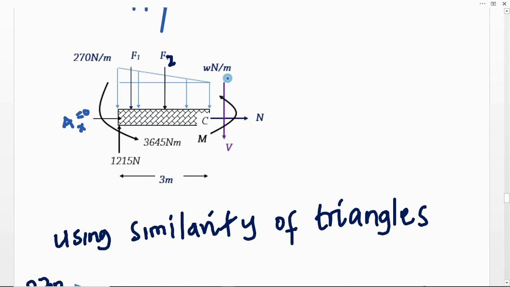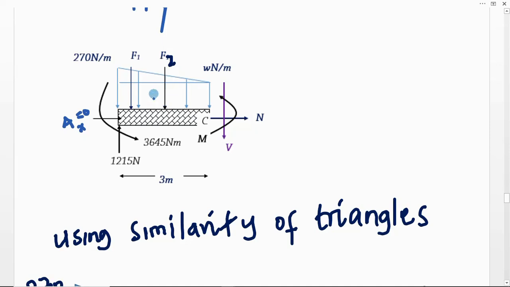Then if we create a section here or a cut, we will have the shear force V pointing vertically downwards. If it points vertically downwards, then the bending moment to counteract it will move in an anti-clockwise direction. Then we have the normal force N coming out of this section, and having had AX equal to 0, this N will also equal 0.